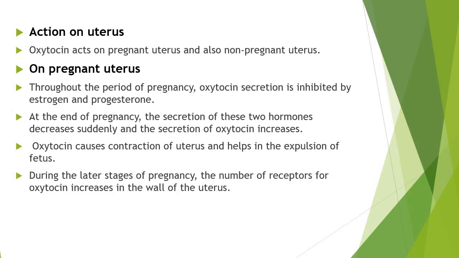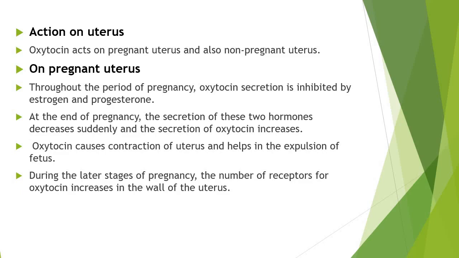Action on uterus. Oxytocin acts on the pregnant uterus and also the non-pregnant uterus. In the pregnant uterus, throughout the period of pregnancy, oxytocin secretion is inhibited by estrogen and progesterone. At the end of pregnancy, the secretion of these two hormones decreases suddenly and the secretion of oxytocin increases. Oxytocin causes contraction of the uterus and helps in the expulsion of the fetus.